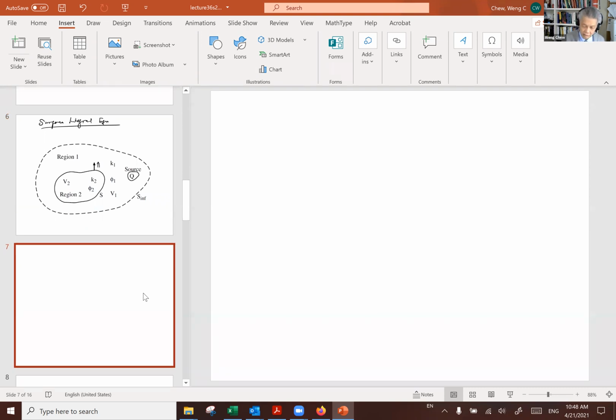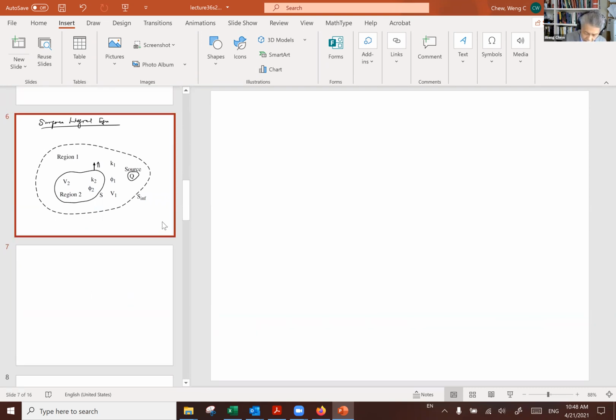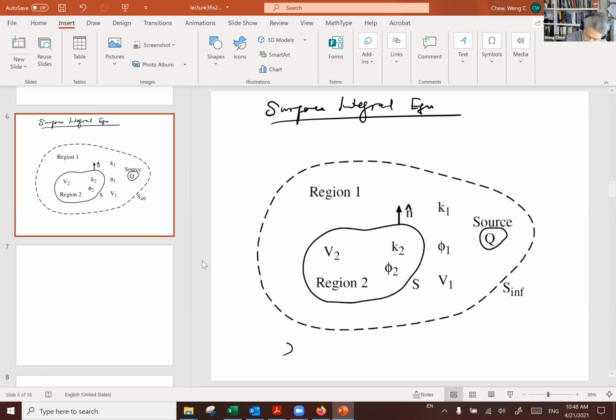And finally, you will have an equation that also is similar to what we had before, a linear operator operating on an unknown f equal to g. So all the integral equations, be it surface integral equation or volume integral equation, can be cast into a linear operator equation.